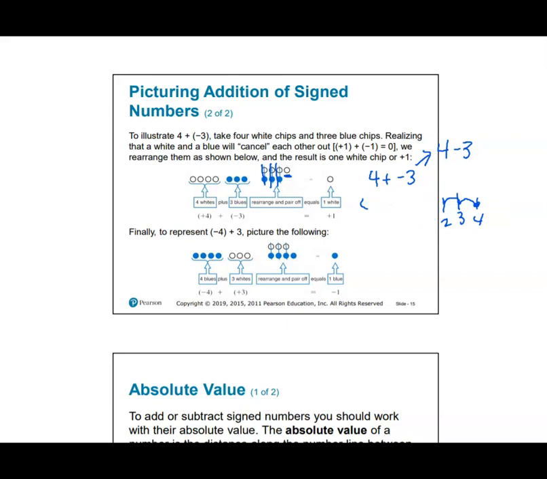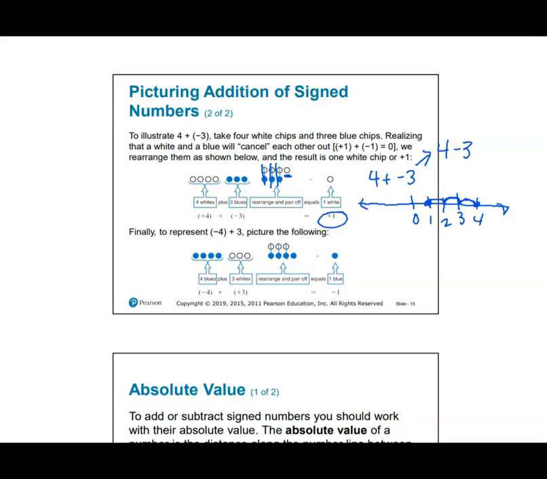Apologize for that. Okay, so we started at 4, and since it's saying add -3, we would have to move back to the left 3, and so our answer is still 1. Just a different way of doing that.